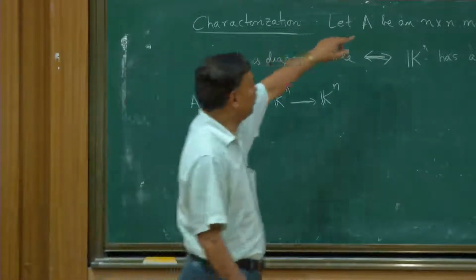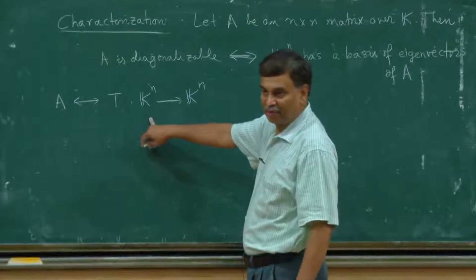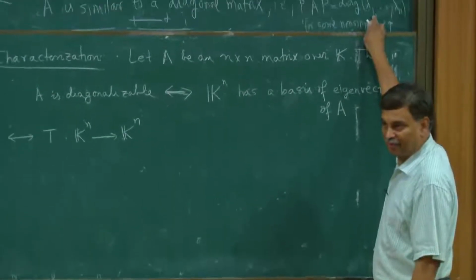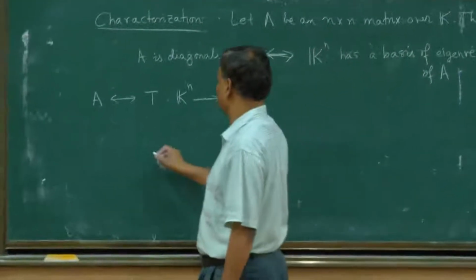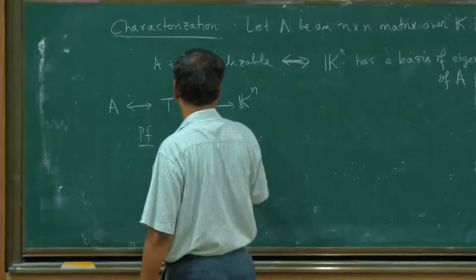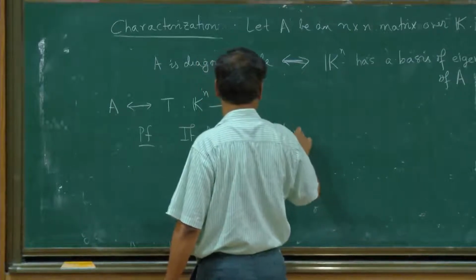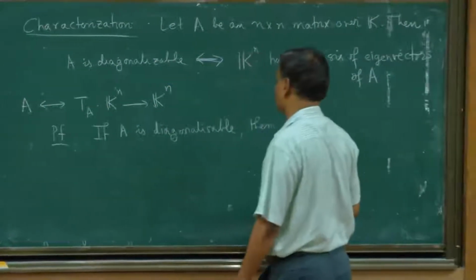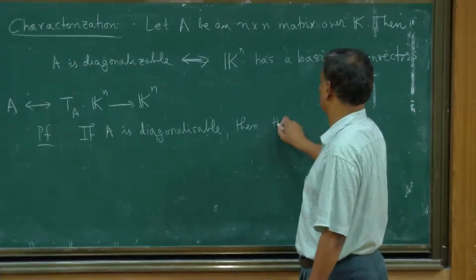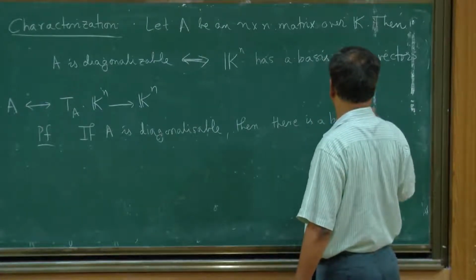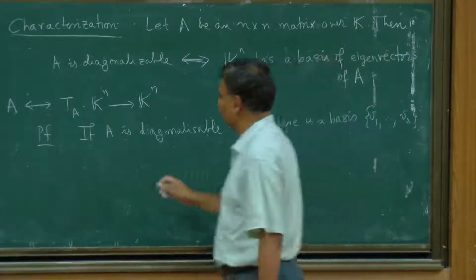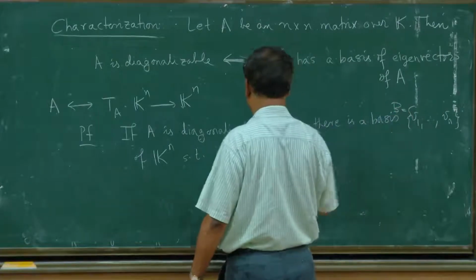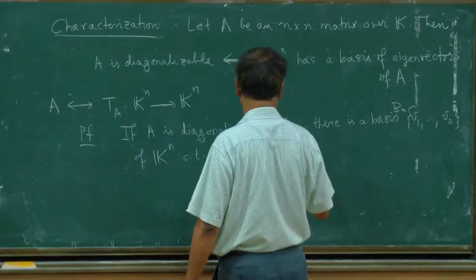If it is similar to a diagonal matrix, that means there exists a basis V1, V2, Vn of Kn, call it B, such that the matrix of T with respect to B is diagonal.